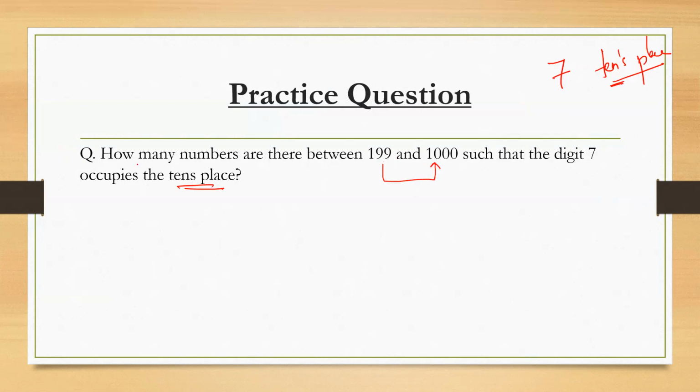Just again break it. Okay, till 199, then 200 to 299, 300 to 399, 400 to 499. Like this you break till 999, and finally the 1000. So out of these numbers, how many are there where the digit 7 appears in the tens place?